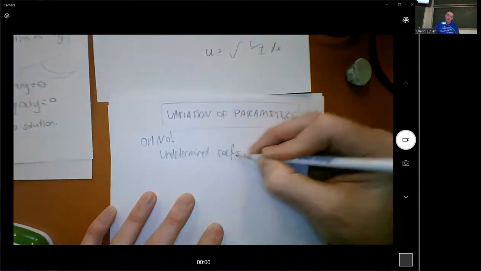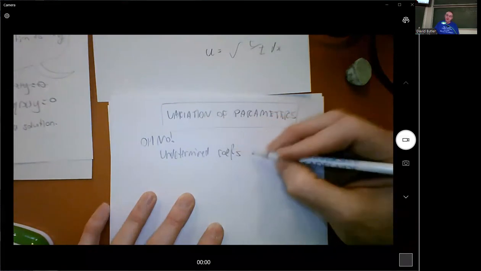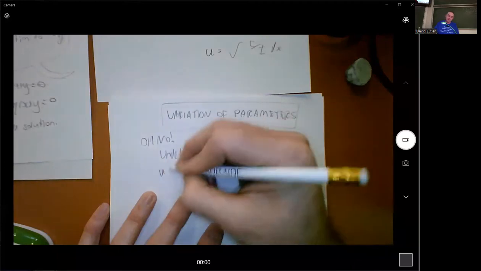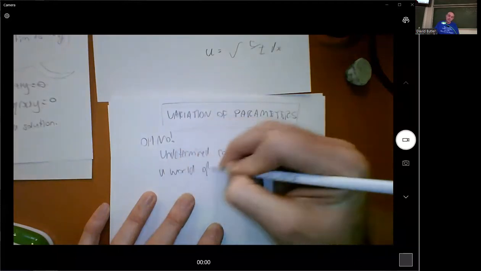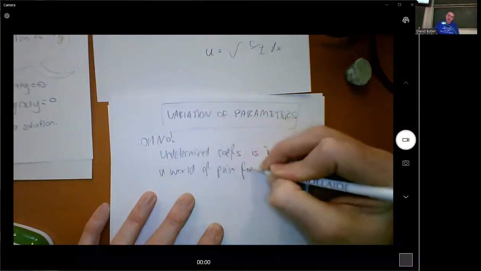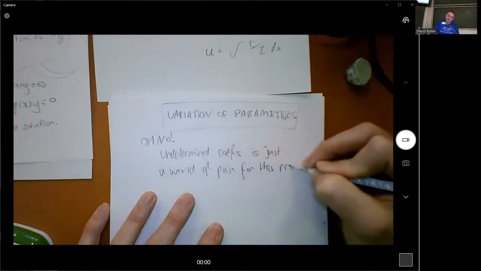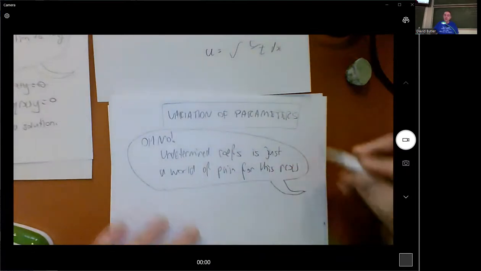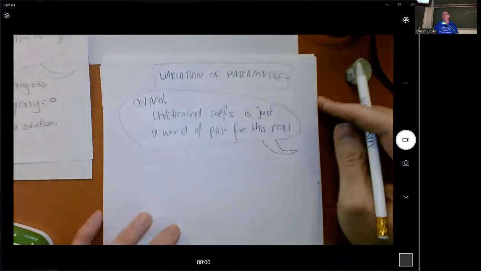Undetermined coefficients is just a world of pain for this R(x). What do I do? Replace it with slightly less pain.